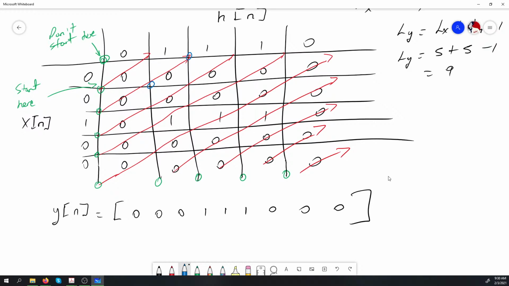Oh, if you're asking about where the y of n would start, it will not start at -1, but for our purposes, we don't really care what the index is going to be for y of n in this particular case. We only care about the values of the sequence.